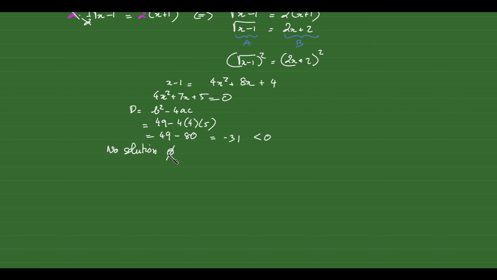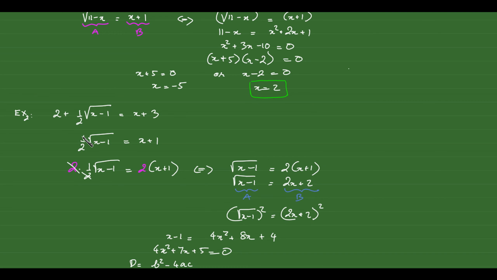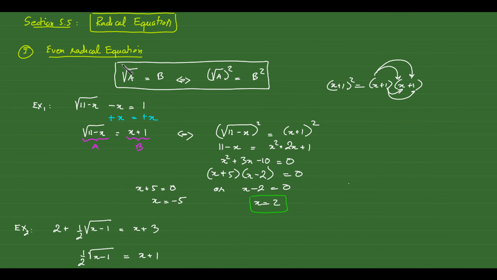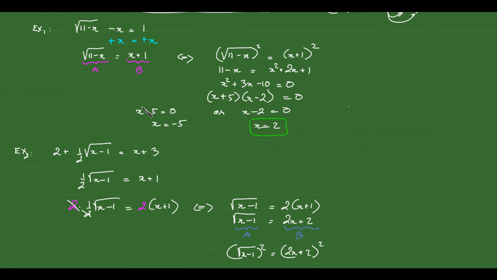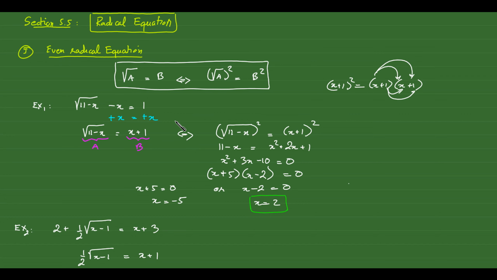Okay, no solution. Okay. So you see that even though I disordered the equation a little bit, you can still apply the formula after you reorder in the form square root of a equal b.